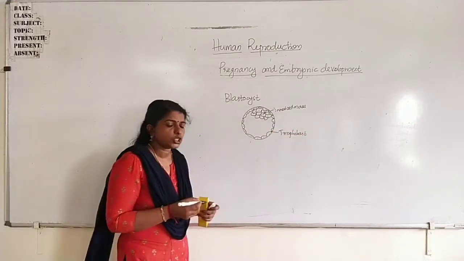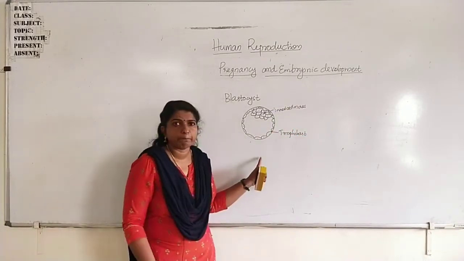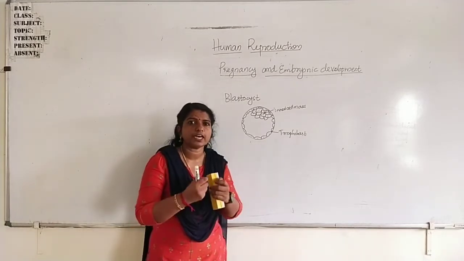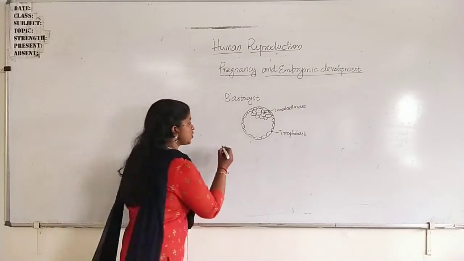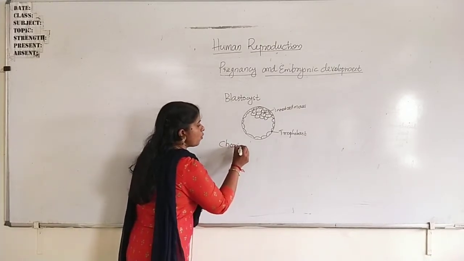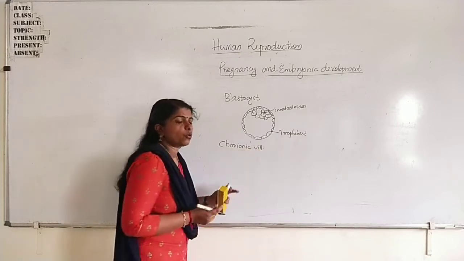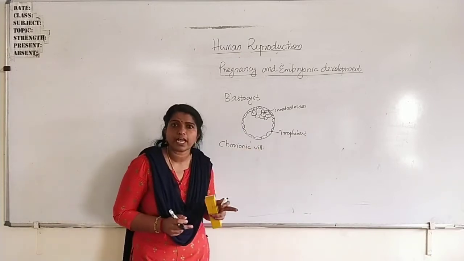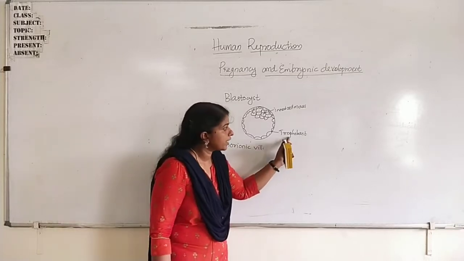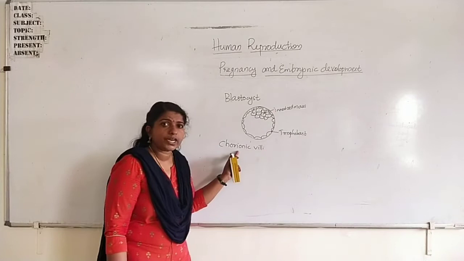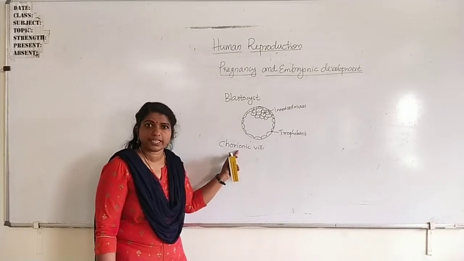Just after implantation, the trophoblast develops certain finger-like projections, and that is known as chorionic villi. These finger-like projections develop in the trophoblast after implantation, and they are surrounded by maternal blood and uterine tissue.